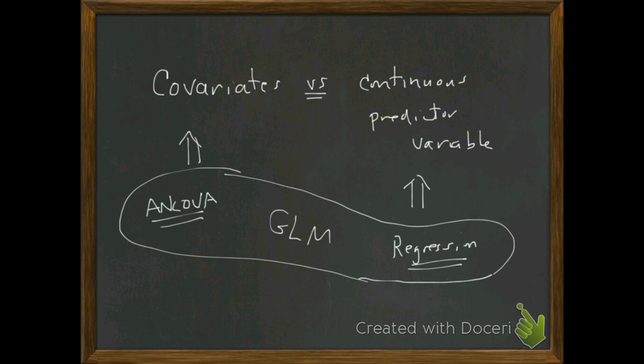The biggest difference here is in regression, we can actually come in and state a hypothesis for the continuous predictor variable. When we use it as a covariate, it's just something that we control for. The ANOVA or the ANCOVA model doesn't care that the covariate is something we don't have a hypothesis for.